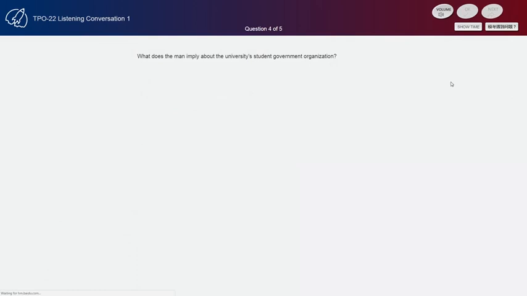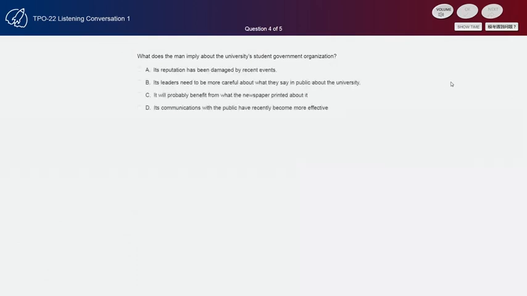What does the man imply about the university's student government organization? Its reputation has been damaged by recent events? No. Its leaders need to be more careful about what they say in public about the university? No, we didn't really listen to something like that. It will probably benefit from what the newspaper printed about it. That's right. That's the correct answer. How did I decide that?